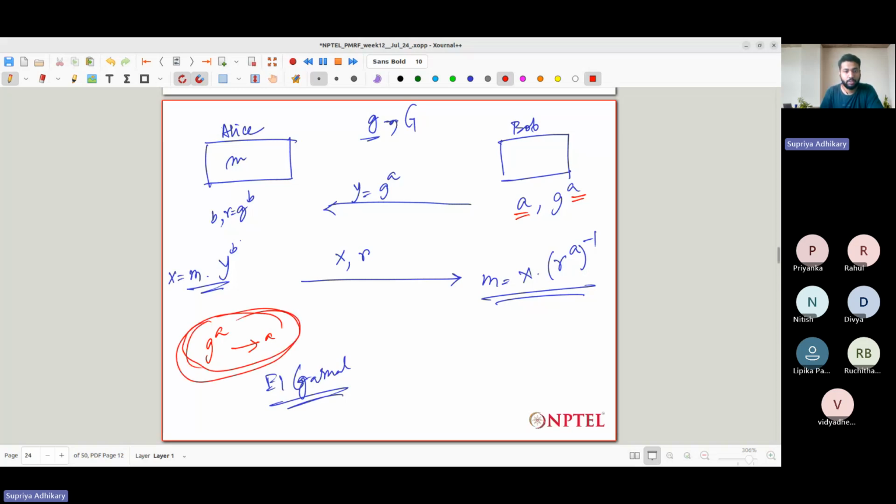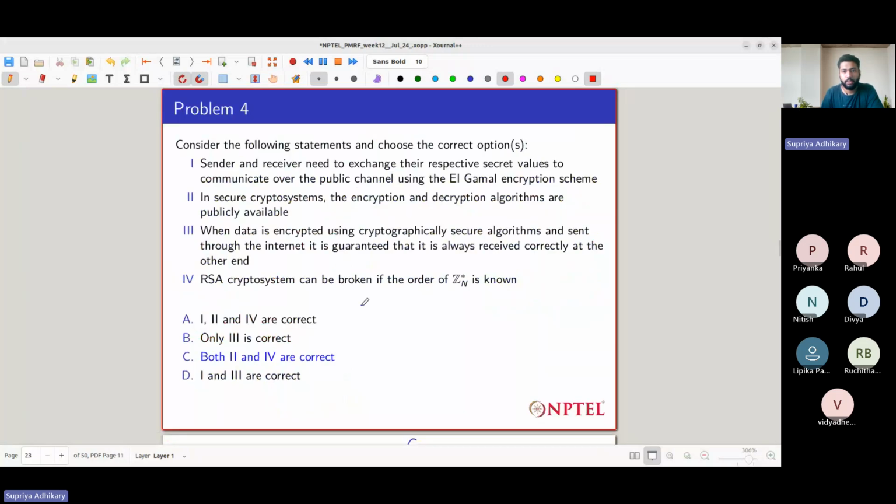There is no efficient solution on classical computers to compute this a from g to the a. There is still no known efficient algorithm. So Bob doesn't share the secret value with Alice. In the public key setting, the ElGamal encryption scheme does not require the sender and receiver to exchange their respective secret values. So this statement is not true.